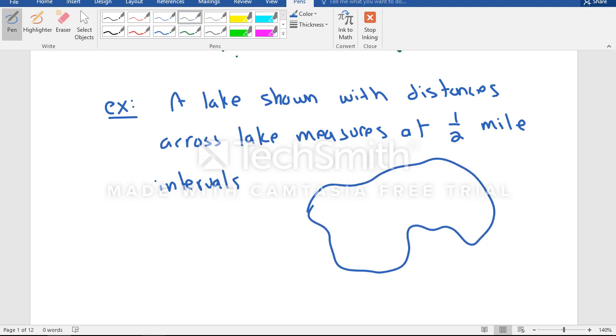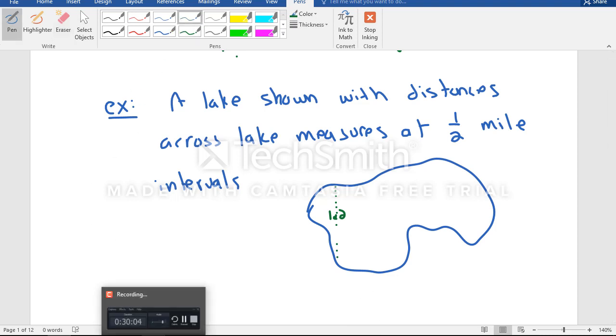And let's say we have measurements of the lake at half-mile intervals. Right? So let's say I'm going to draw this to where it looks kind of decent. At this measurement, the lake is 1.2 miles. Man, this marker hates me.